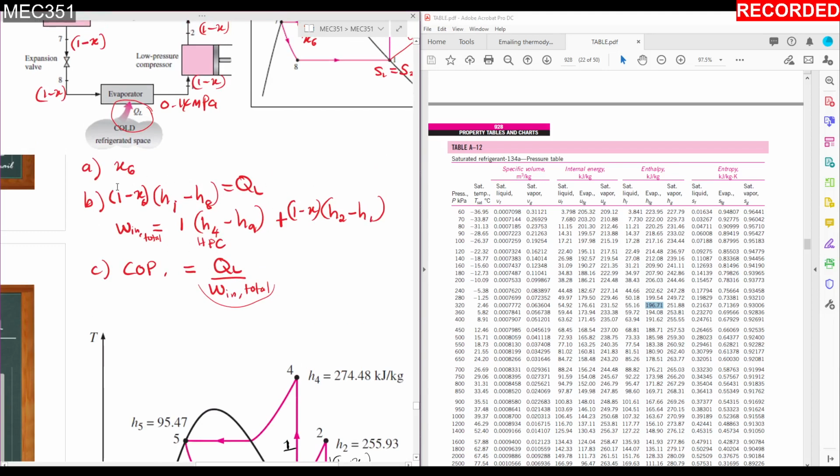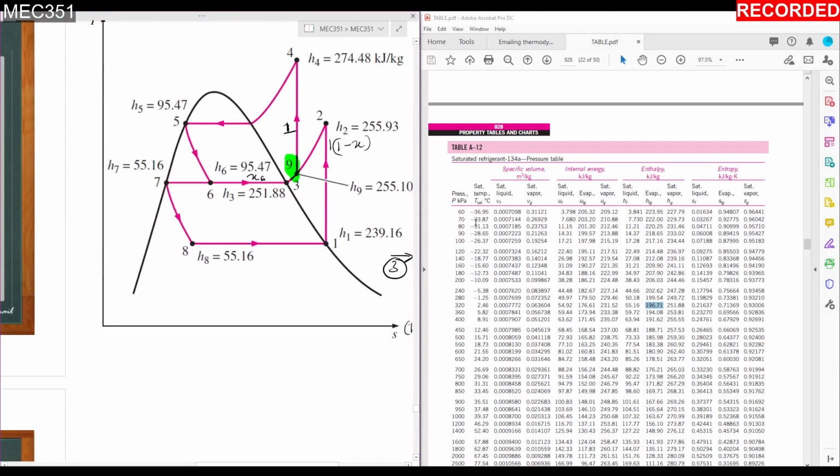Okay, you have to find the QL. QL happens between the evaporator here, between the state 1 and state 8. Here is QL. So the QL equal to H1 minus H8. But you have to multiply with the fraction here, which is 1 minus x6.